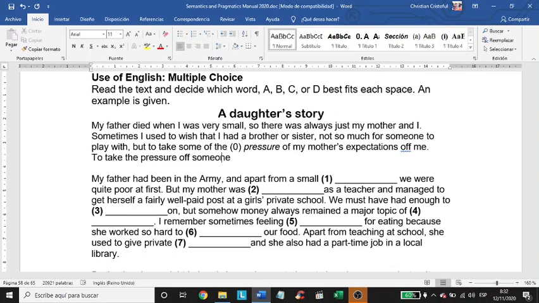Okay. So which are the keywords here to choose? The word off and the word take are keywords. So you need to look at the whole context to see the keywords so that you know that it is pressure. Okay, this is how it works.